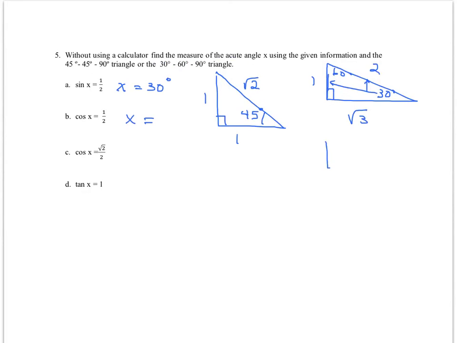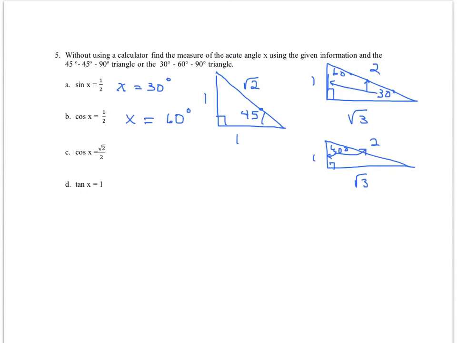So if I draw another 30-60-90 triangle, here's 60. Adjacent to the 60 is 1. The hypotenuse is 2. So x is going to equal 60 degrees. So what you're going to do is look at which triangle fits the bill, and which angle of that triangle helps you solve this problem.